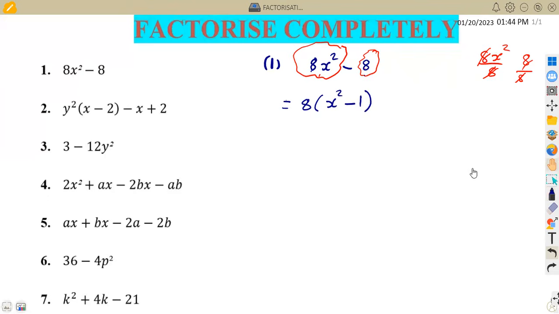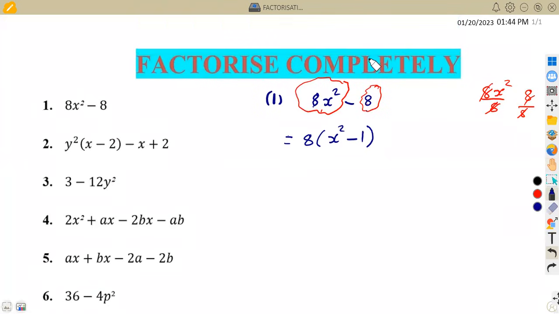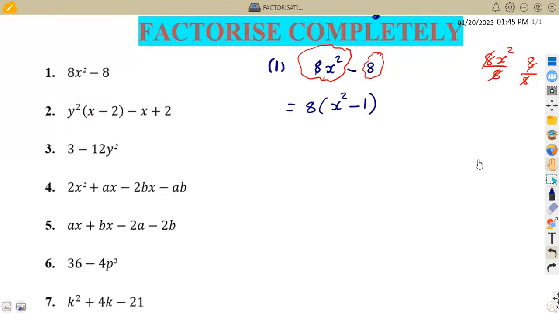But take note, we are factorizing completely in this case. So we are not yet done, because we understand from our basic concept of factorization that if we are given an expression that can be written in the form a squared minus b squared, we can write this as a plus b into a minus b.